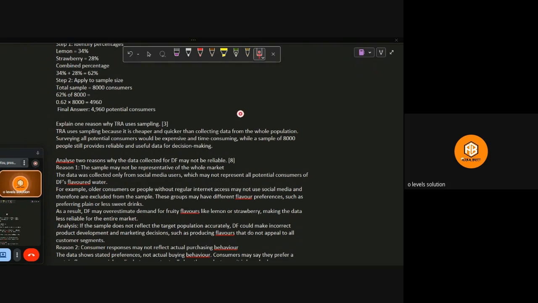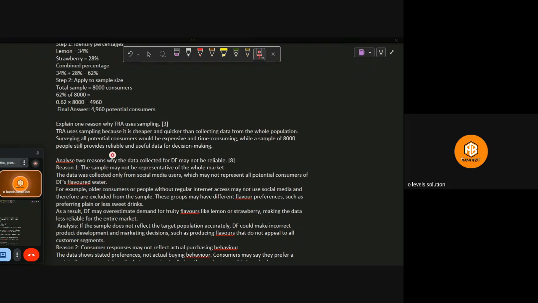We have to make a sample and then ask the questions of the sample people. Surveying all potential consumers would be expensive and time consuming, while a sample of 8,000 people, as you can see, this information I got from the case study. So just make sure that in the paper too, you write all the answers in the business context.